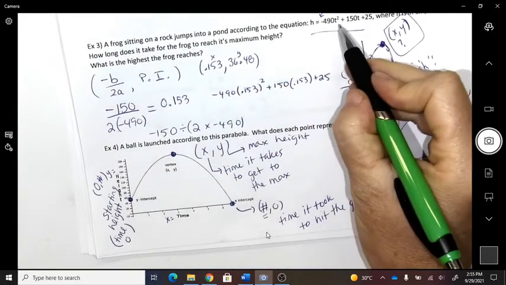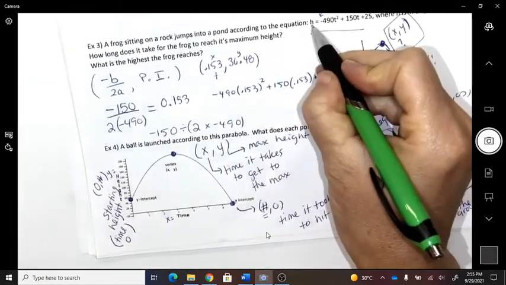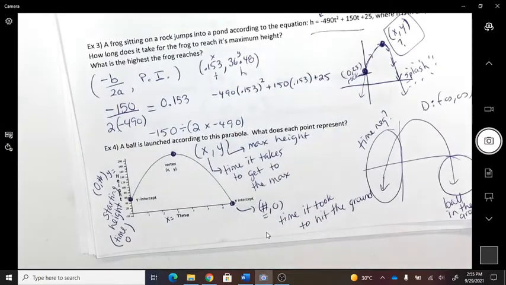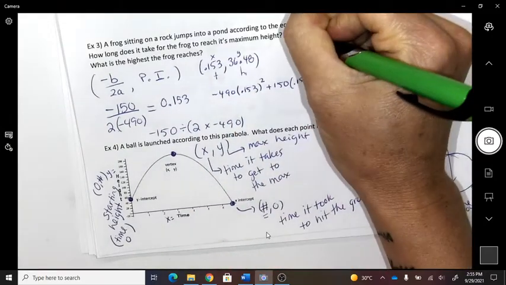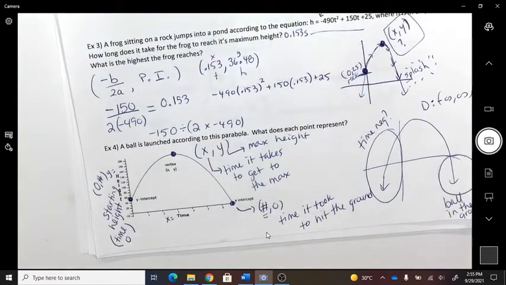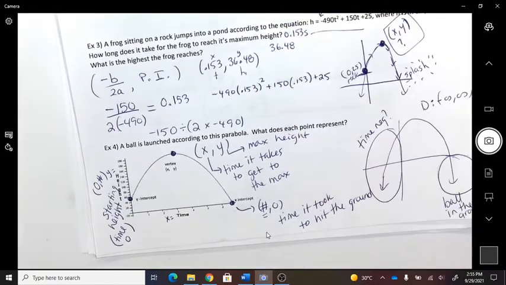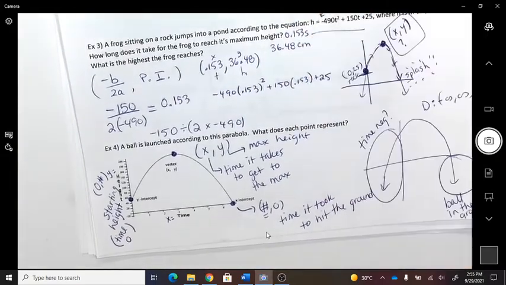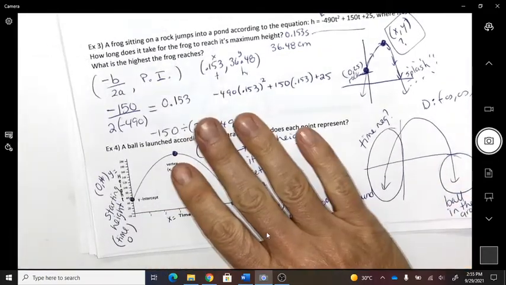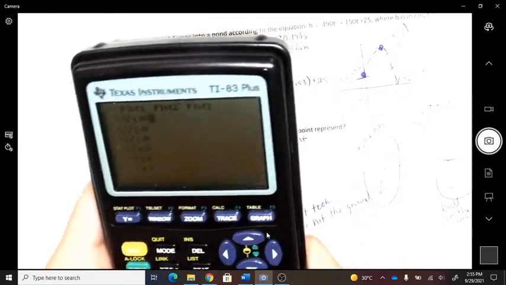Instead of X, we have a T, and instead of Y, we have an H. So when I say how long does it take, that is the 0.153 seconds. And what's the highest it goes? 36.48 centimeters. Impressive, with less than a second to do that. I'm very talented. Yes, it was really hard to make an equation that fits numbers.